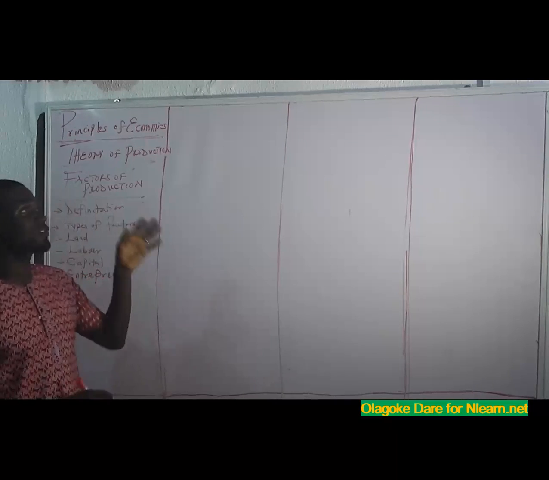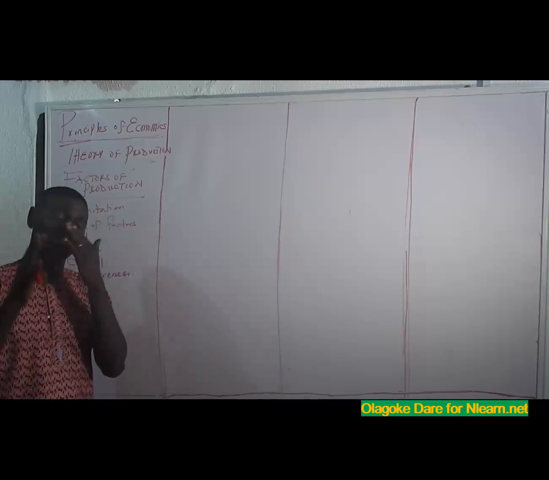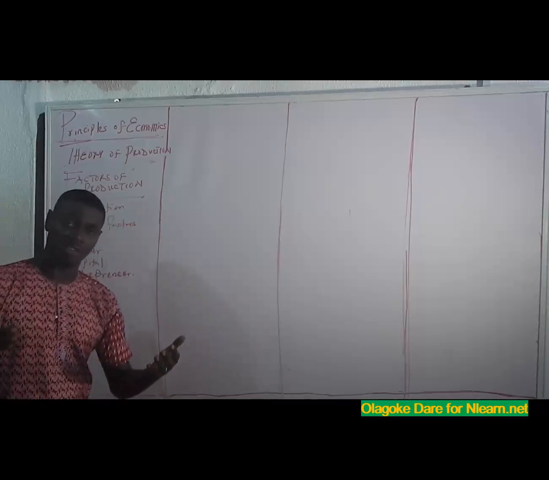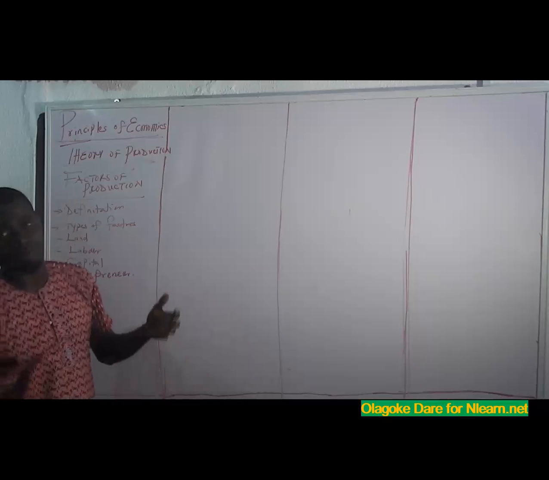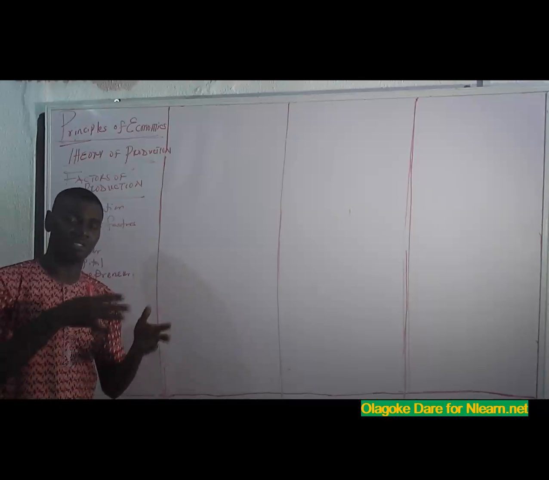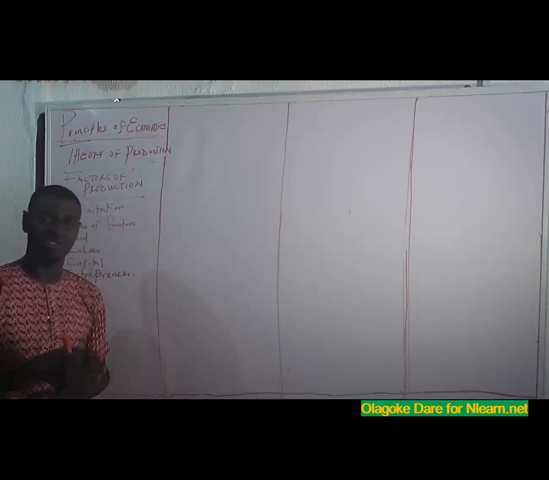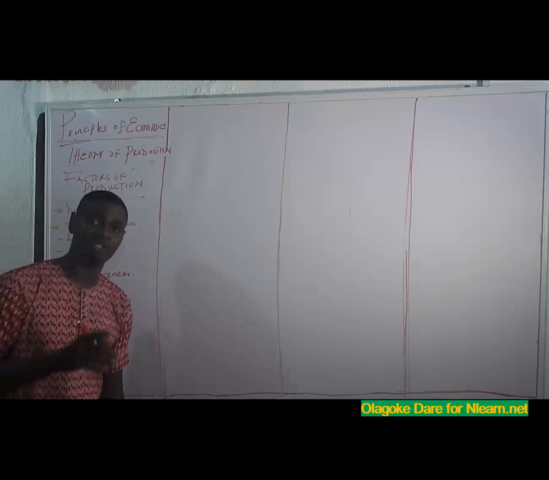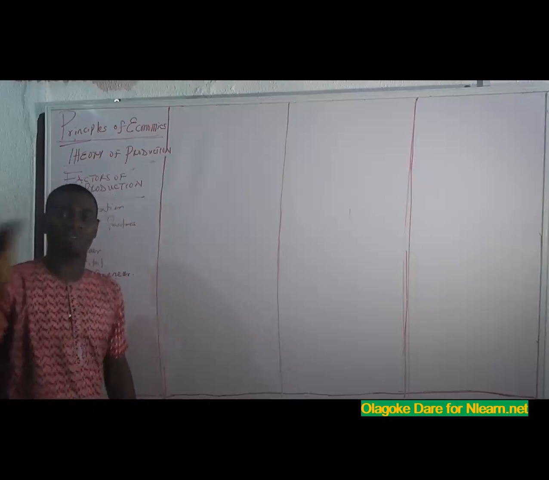And the theory of production involves production process. And what is production? It is the transformation of raw materials into finished goods in order to satisfy human wants, or creation of utility, which means production is not completed until goods produced get to the final consumers.